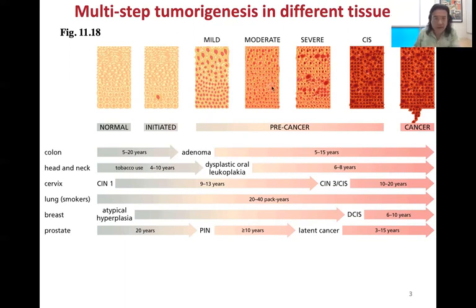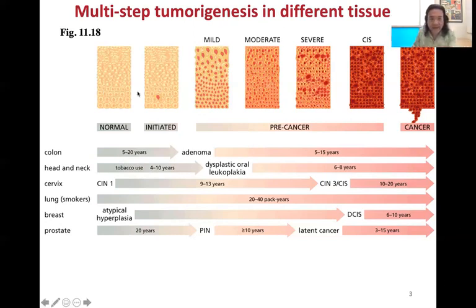So let's look at this. Right? So this figure here depicts visually a series of changes that takes place over time, starting from normal tissue. So let's say that this is normal tissue here.